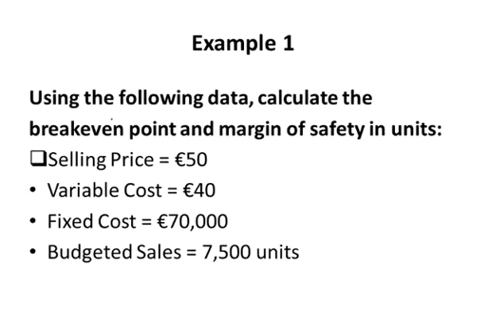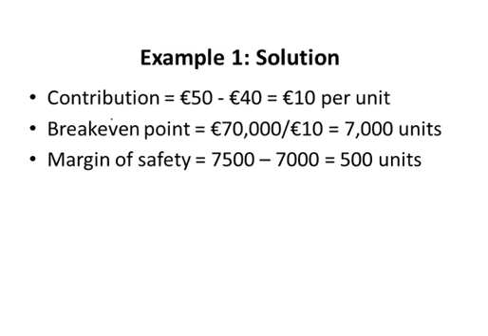Using the following data, calculate break-even point and margin of safety in units. Selling price is 50, variable cost is 40, fixed cost is 70,000, budgeted sale is 7,500. Contribution per unit here is 10, 50 minus 40. Break-even point: 70,000 divided by 10, 7,000 units.